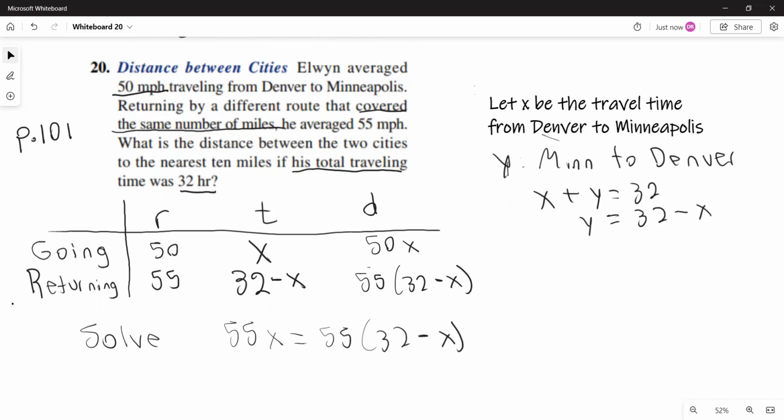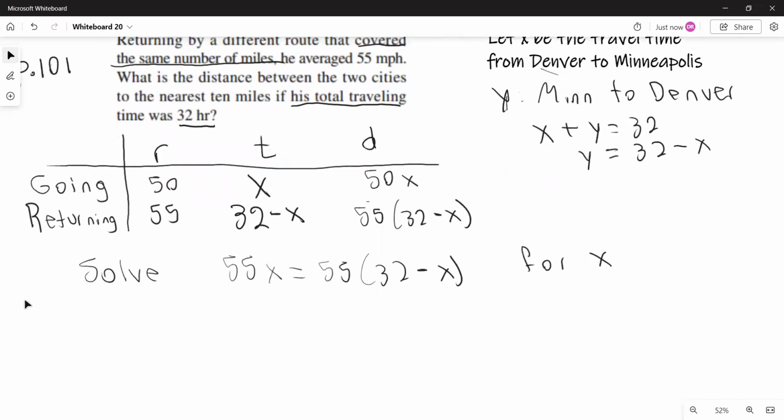Okay, so we're going to solve this for X, and that is going to give us the time from Denver to Minneapolis. So this was 50X. This is a 50.